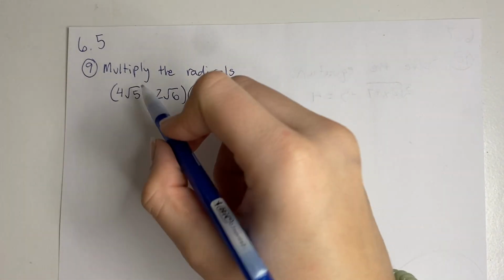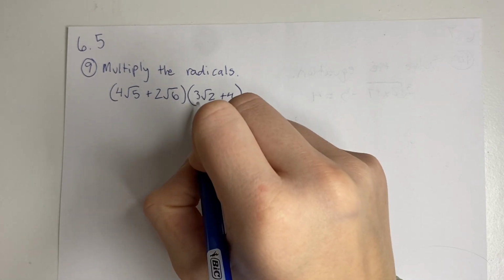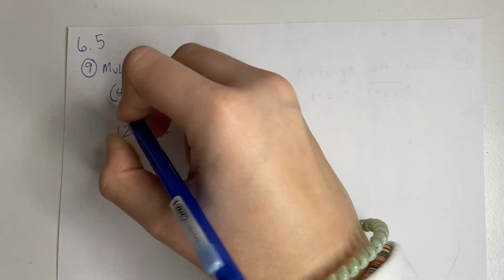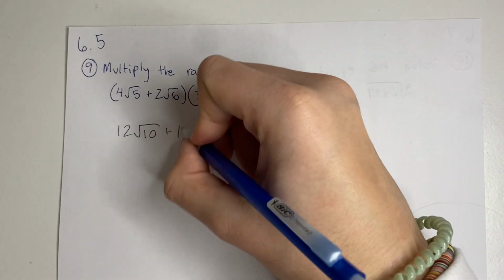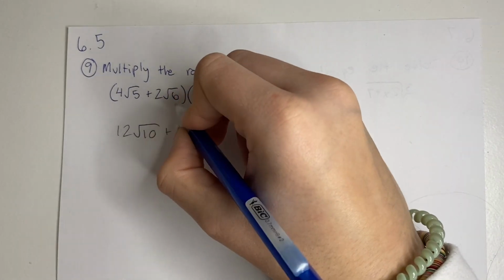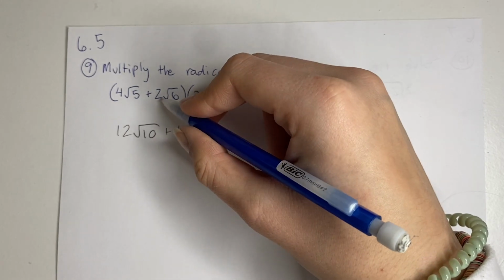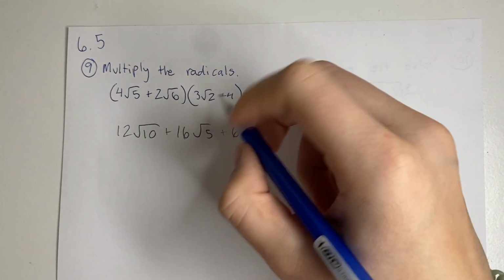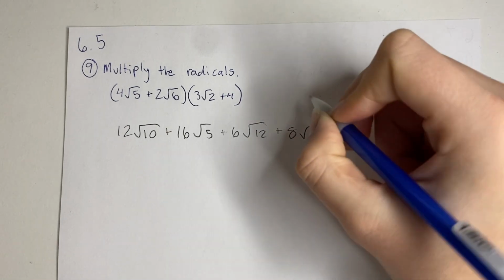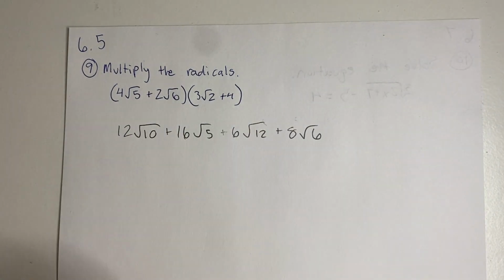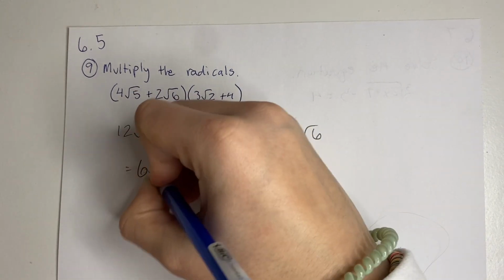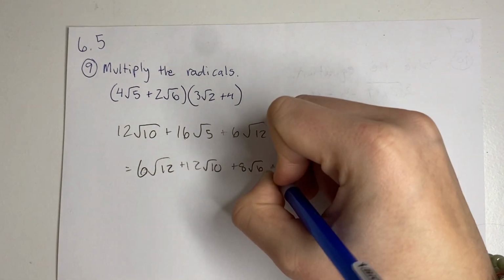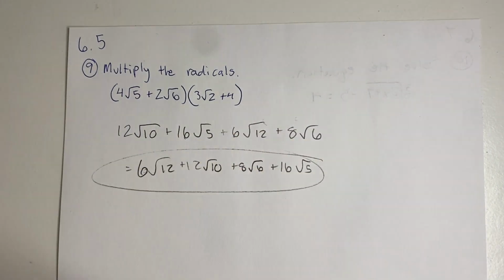So basically all you want to do for this is FOIL, so you do 4 root 5 times 3 root 2, which is, because 4 times 3 is 12, and then 5 times 2 is 10, plus 4 root 5 times 4, and 4 times 4 is 16 root 5, plus 2 root 6 times 3 root 2, which would be 6 root 12, and then add that to 2 root 6 times 4, which would be 8 root 6, and then basically just put this in order, so 6 root 12 plus 12 root 10 plus 8 root 6 plus 16 root 5 is your final answer.